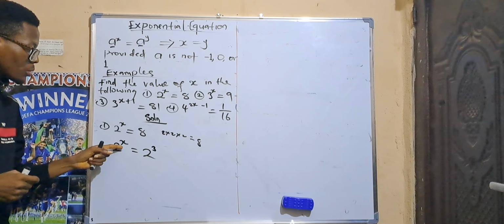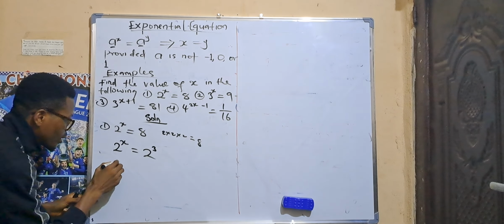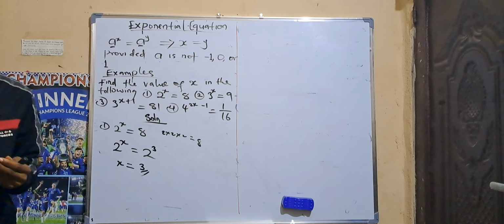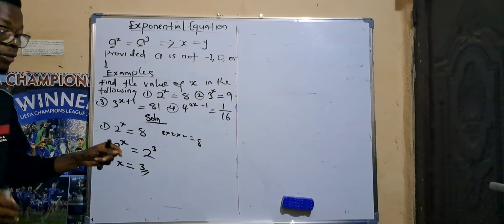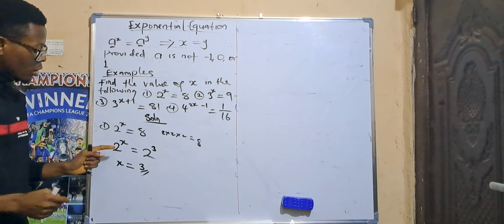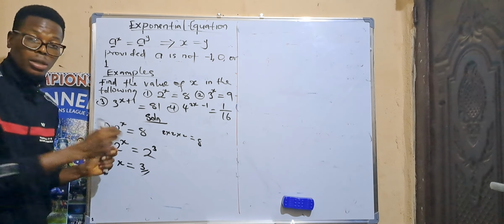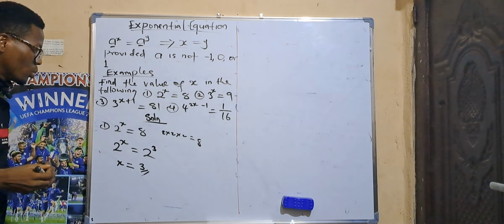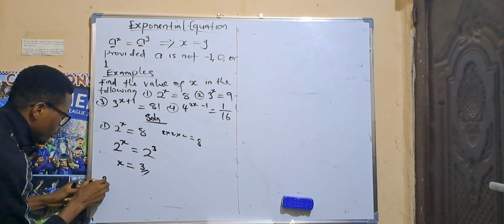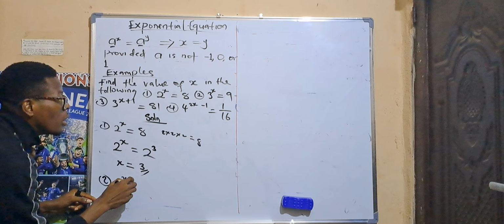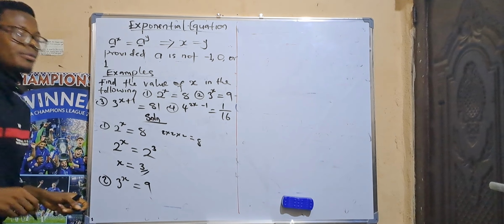So what we have here becomes x is equal to 3. As simple as that, because the bases are common. The first thing we are going to do is to make sure that our bases are of the same number.